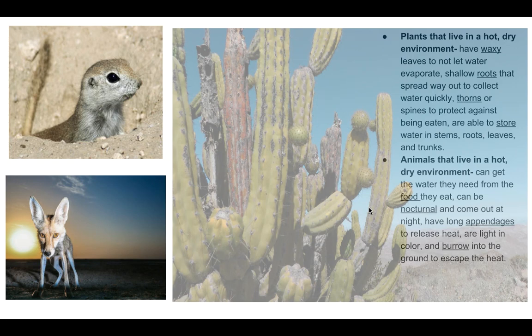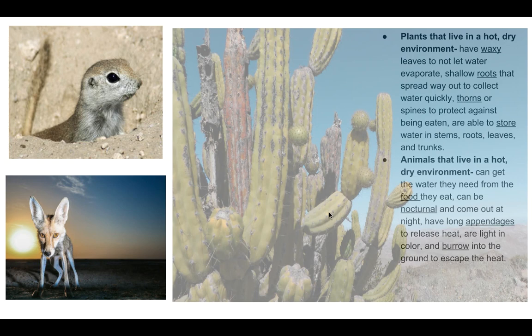Animals that live in a hot, dry environment can get the water they need from the food they eat. Can be nocturnal, meaning they come out at night, and have long appendages to release heat, are light in color, and burrow into the ground to escape the heat. These are all important things that you're going to need to know.